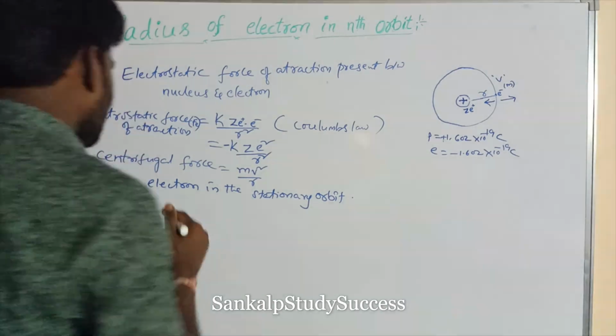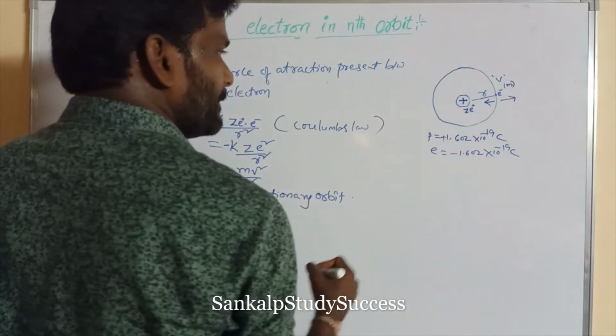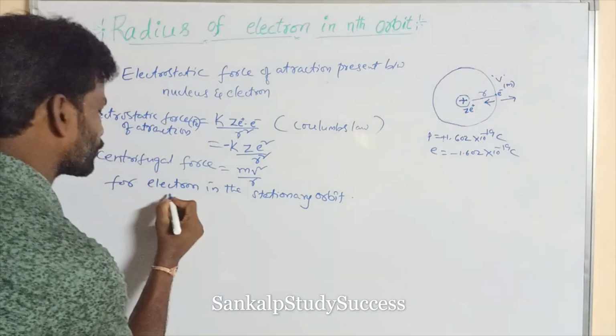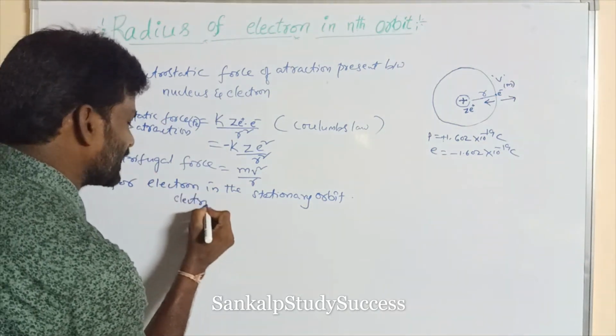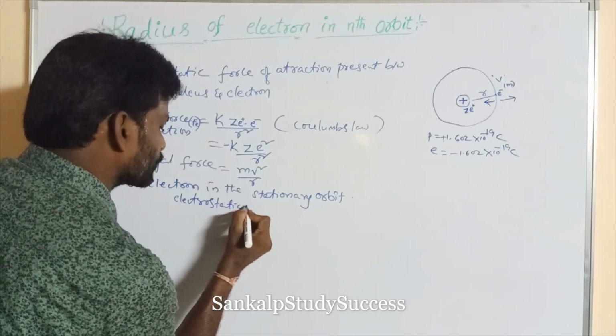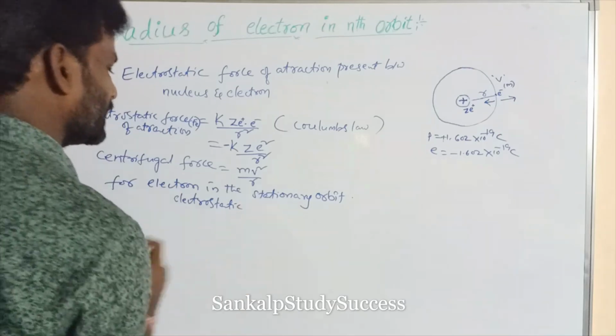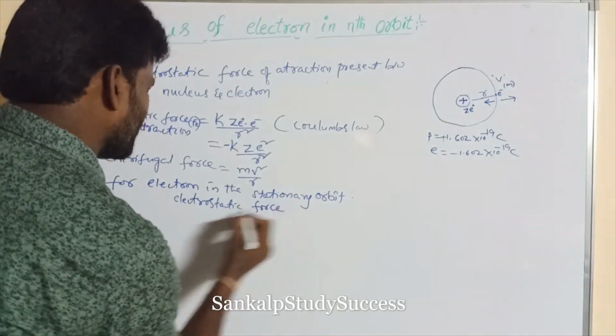For an electron in the stationary orbit, centrifugal force is equal to electrostatic force of attraction.